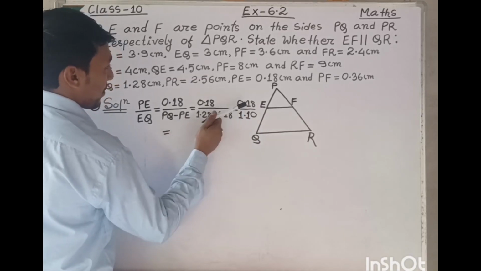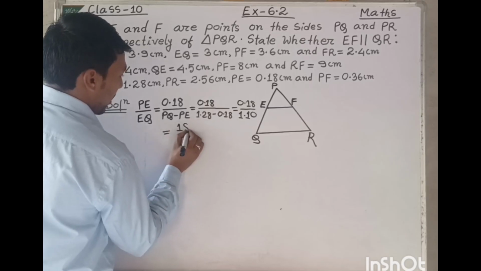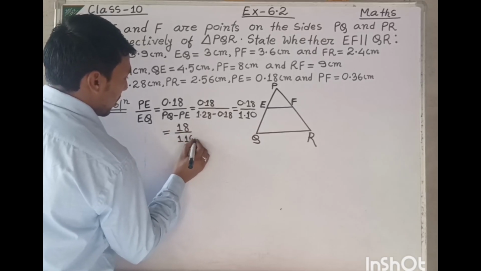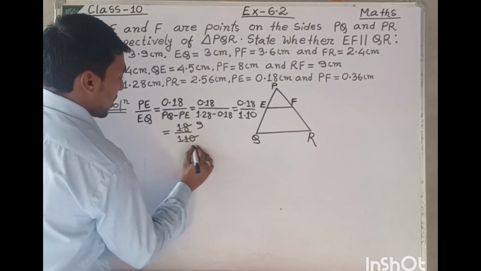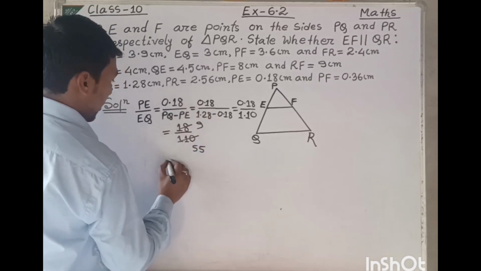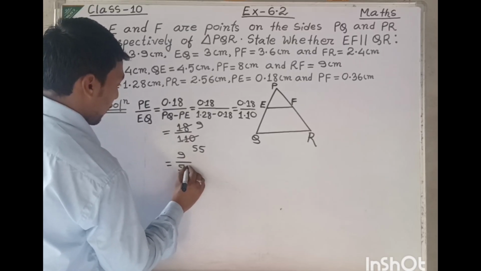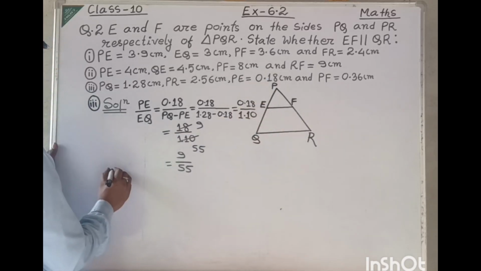So write in the next step, after the point 2 digits, here also after the point 2 digits. So without the point you write 18 by 110. Now 2 9s are 18 and 2 55s are 110. So the ratio I have got here is 9 by 55. Now I'll find this side ratio.